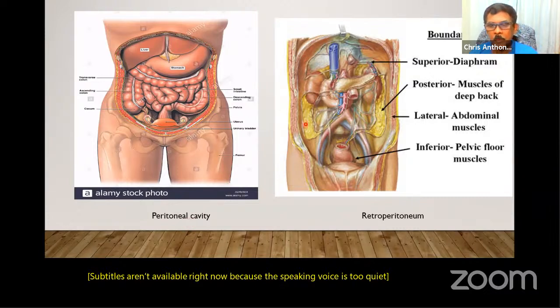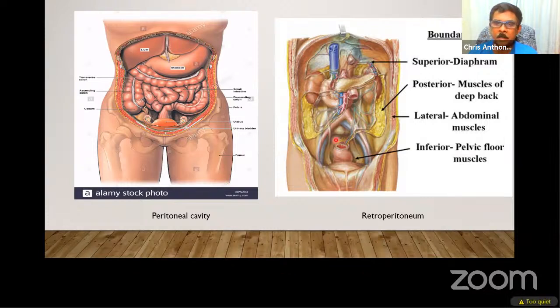The second biggest space is the retroperitoneal area, that is behind the peritoneal lining and the posterior abdominal wall. This space contains a number of very important organs as well: the aorta, the vena cava, the kidneys, the second and third parts of the duodenum, the pancreas, and the major vessels that come out from the aorta, the superior mesenteric, inferior mesenteric, and the iliac arteries.